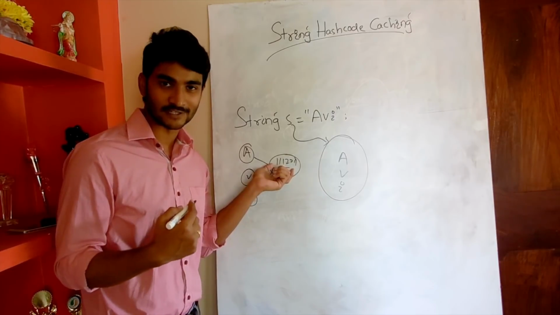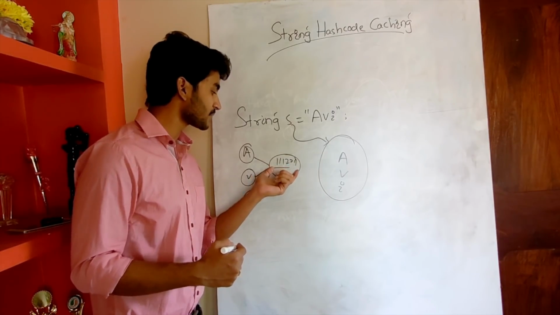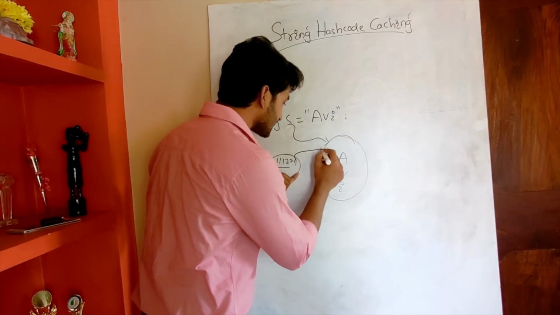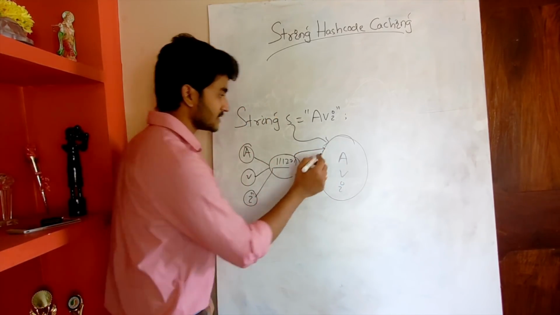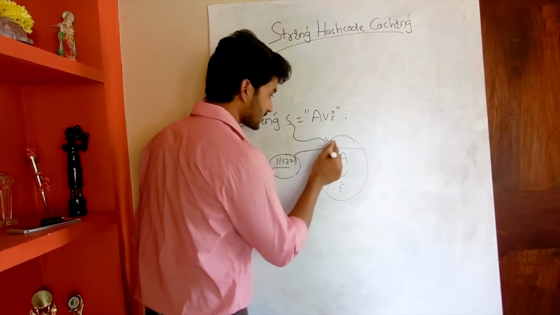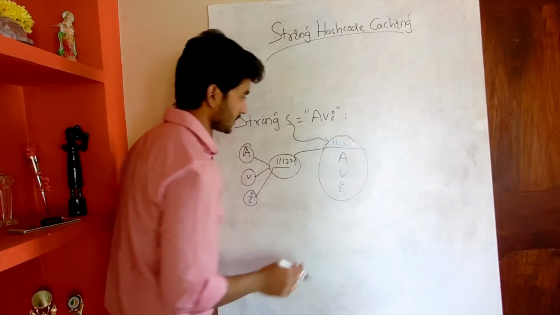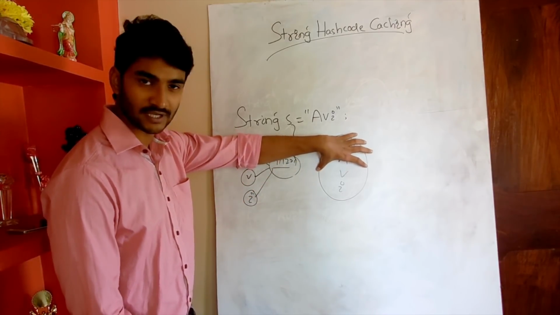Your hash code will be an integer, right? Once the JVM calculates the hash code, it is going to be cached inside your string object.